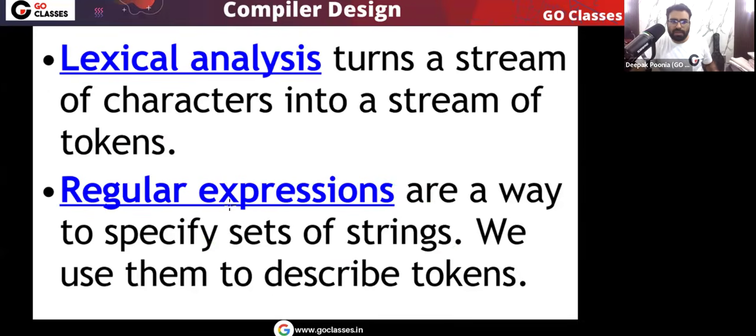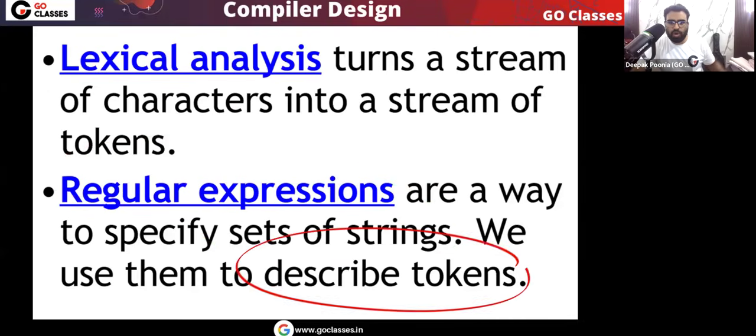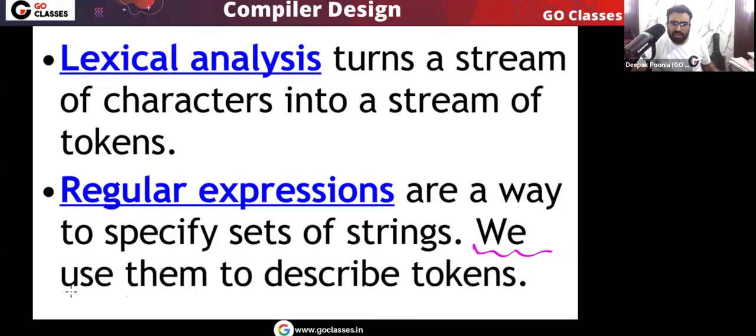Now let me tell you that we can use these regular expressions to describe tokens also. So in our lexical analyzer chapter, why do we use regular expressions? We can use them to describe tokens.